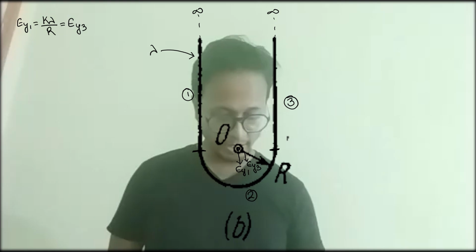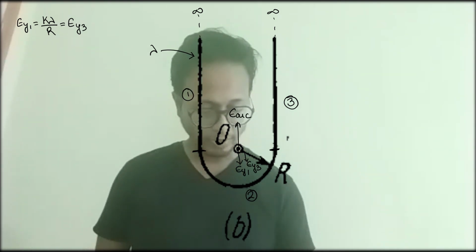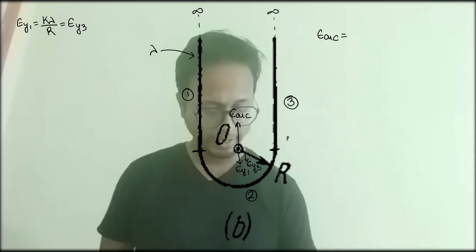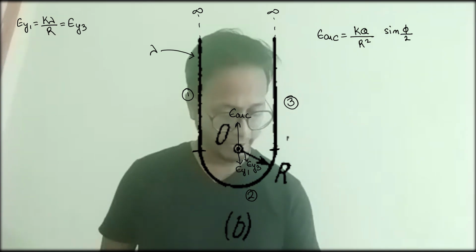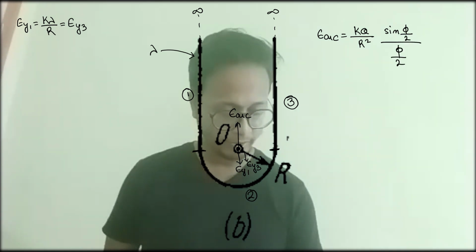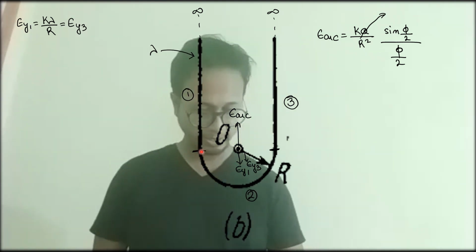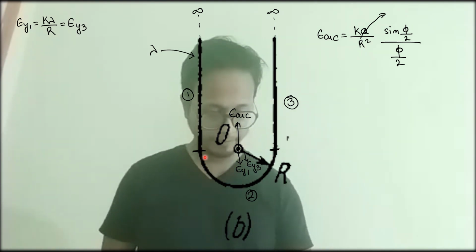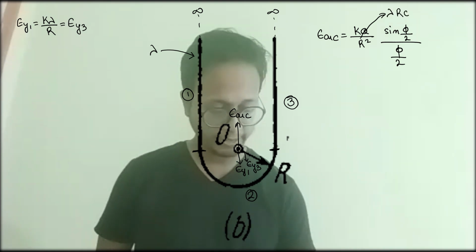For a semicircular arc, we apply the same formula. E arc, what is the electric field due to the arc? K q by r square into sine phi by 2 divided by phi by 2. What is the value of q? The value of q is lambda into r phi, or charge density into length.